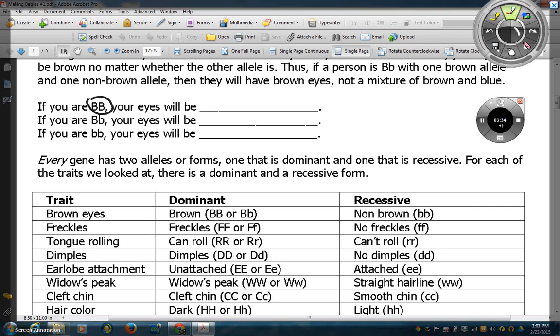So if you're two capital big B's, your eyes will be brown. You should write that down. If it's big B lowercase b, heterozygous situation, your eyes will still be brown. And if both of yours are recessive, your eyes will be non-brown.